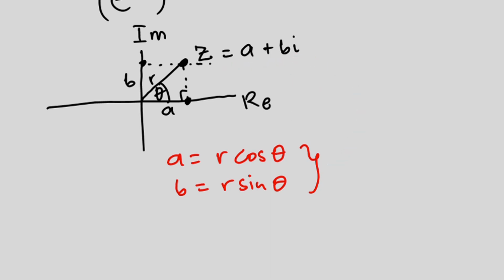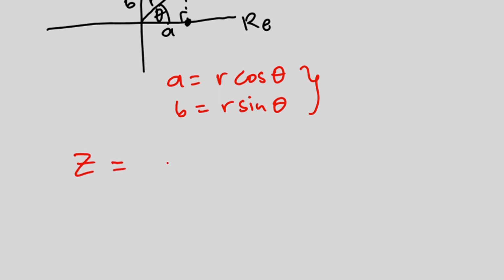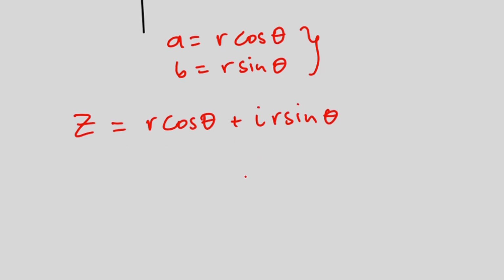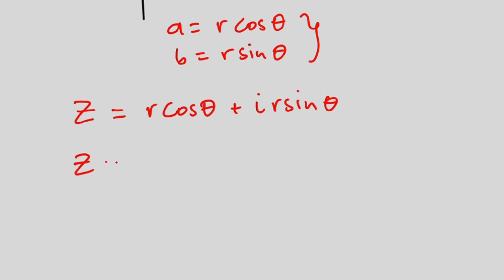So we will have Z is equal to A, where A is R cos theta, plus I B, where B is R sine theta. Now let's take R out. In other words, let's factor out R. So we're going to have cos theta right here, then plus I sine theta.